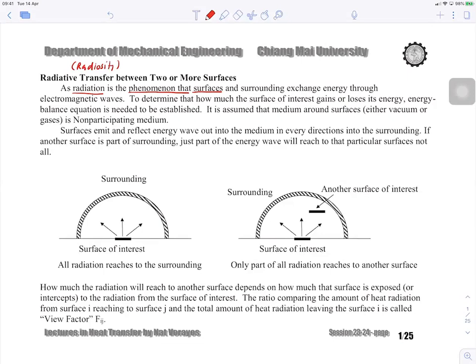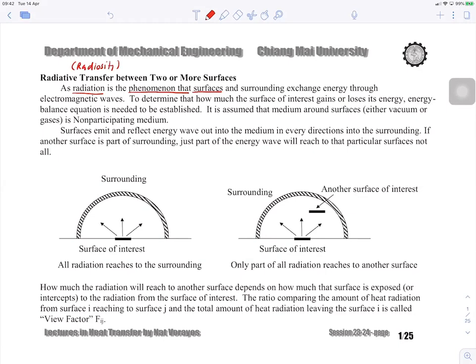And that energy is going to arrive at the object of interest. So if we have a system, it emits energy out in terms of radiosity, and it also accepts energy in.